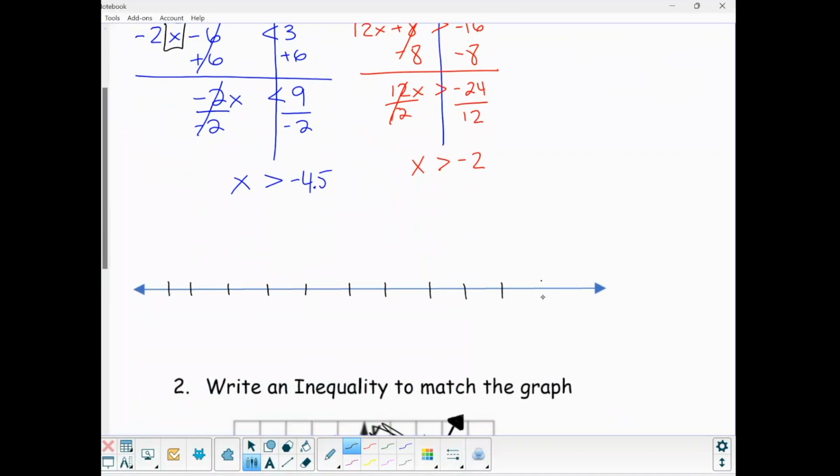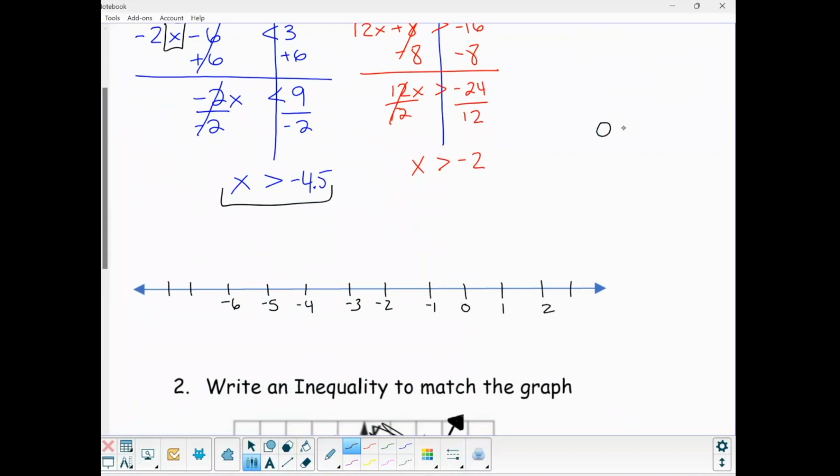Now you don't really have to have so many lines, but I'm just going to put them in just because. So I have -6, -5, -4, -3, -2, -1, 0, 1, 2. All right, we're going to graph this first one first. X is on the left side, so I can just follow the arrow. I know it's an open circle over -4.5.